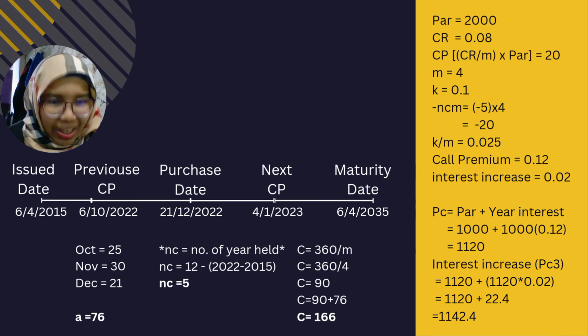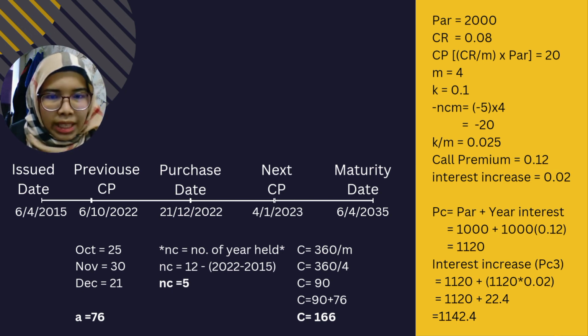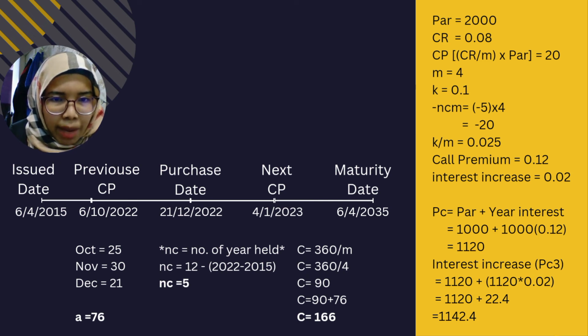And for interest increase, PC3, we take the new PC we have calculated, which is 1120, and we need to add 1120 multiplied by 0.02.